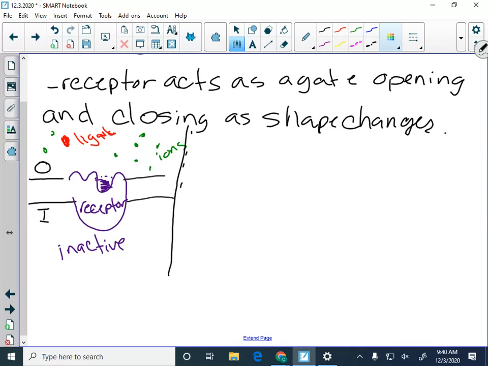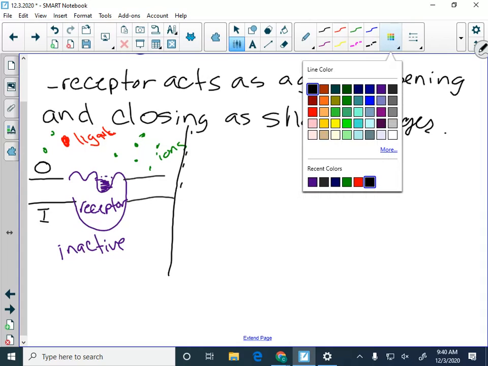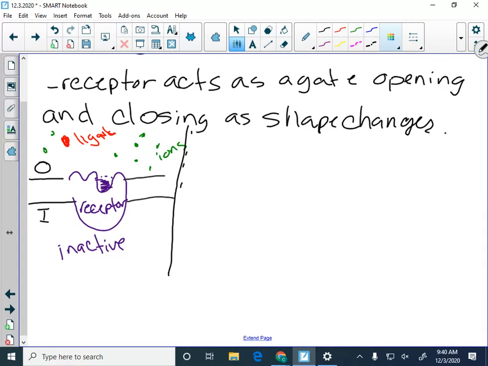So our receptor exists as kind of a gate. It's kind of difficult to see how it is a 3D shape, but we could also draw a little line through here if we wanted to. That's where it'll open up via channel.